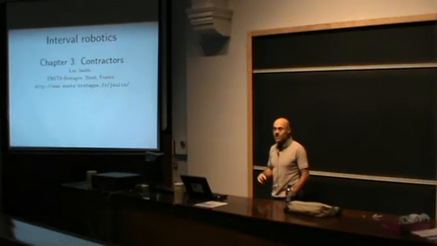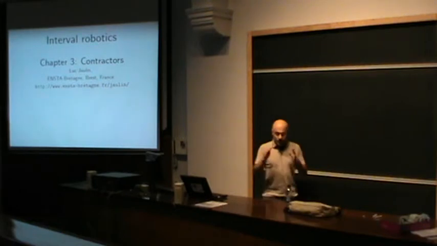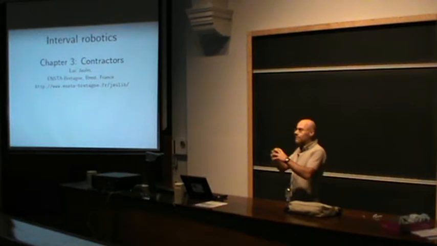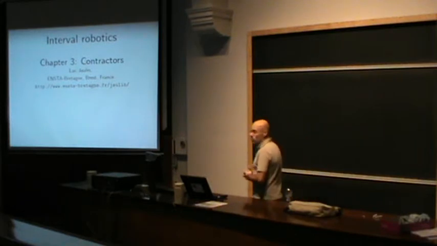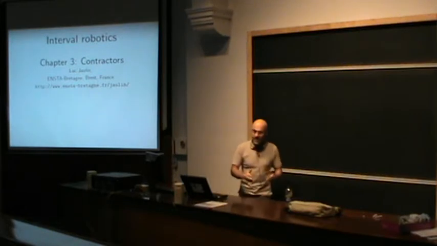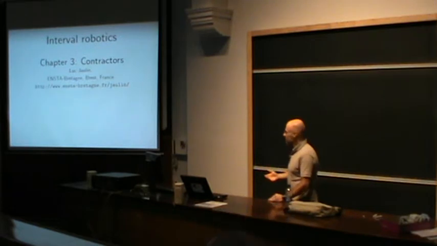But the problem is that you have to control the pessimism. If you bisect a lot, then you will have almost no wrapping effect, no pessimism. When you go to high dimensional problems, you will not be able to bisect anymore because you will obtain too many bisections. Then it is possible to control the pessimism using contractors.